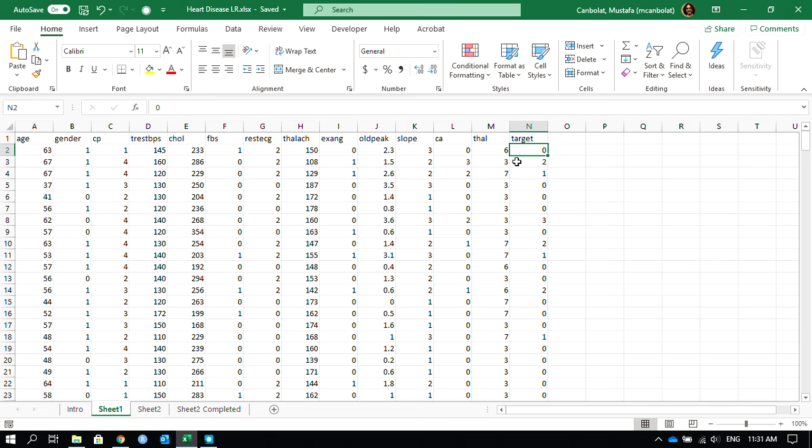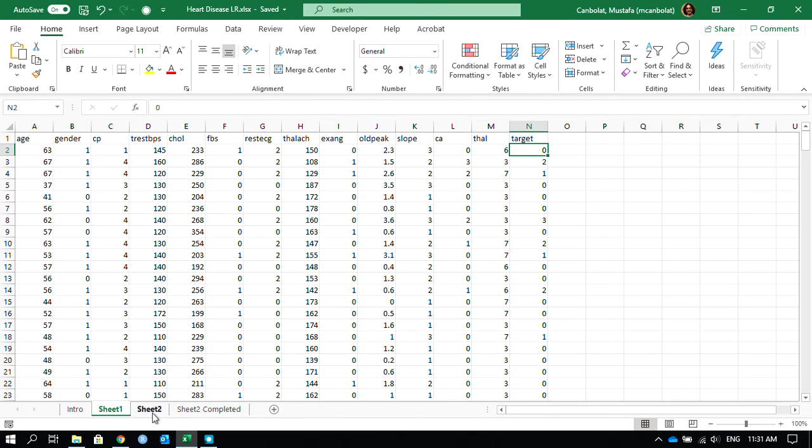So instead of using multiple target values, in this video we will just use two values, 0 or 1. 0, no heart disease, and 1 being heart disease. So it's a categorical response, and we will try to build a model using the logistic regression idea.